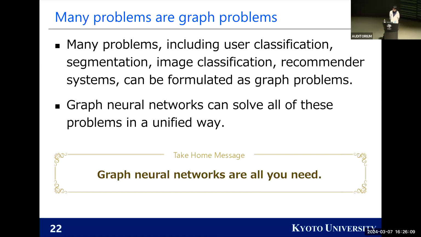So the conclusion is that graphs and graph networks are very general representation and methods. So that's why we want to learn and use such representation methods.